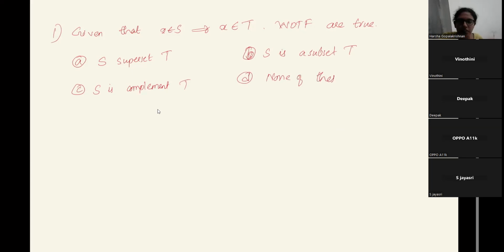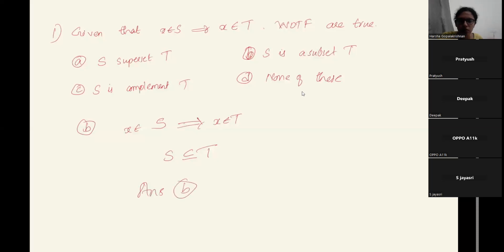So can anyone answer which option is true here? Option B. Yeah, option B. This is a trivial question. x in S implies x in T, that is, any element in S is an element of T also. This is the definition of the subset. That means S is a subset of T. So option B is the correct answer.